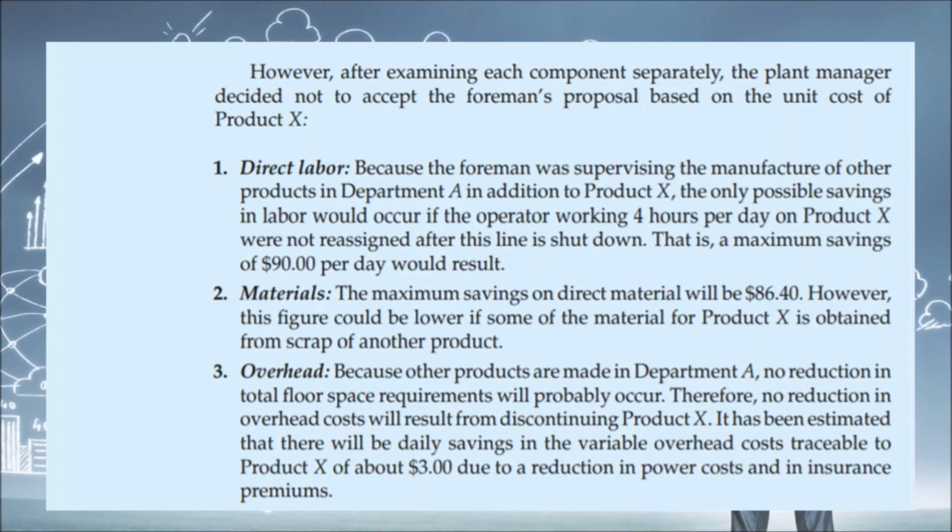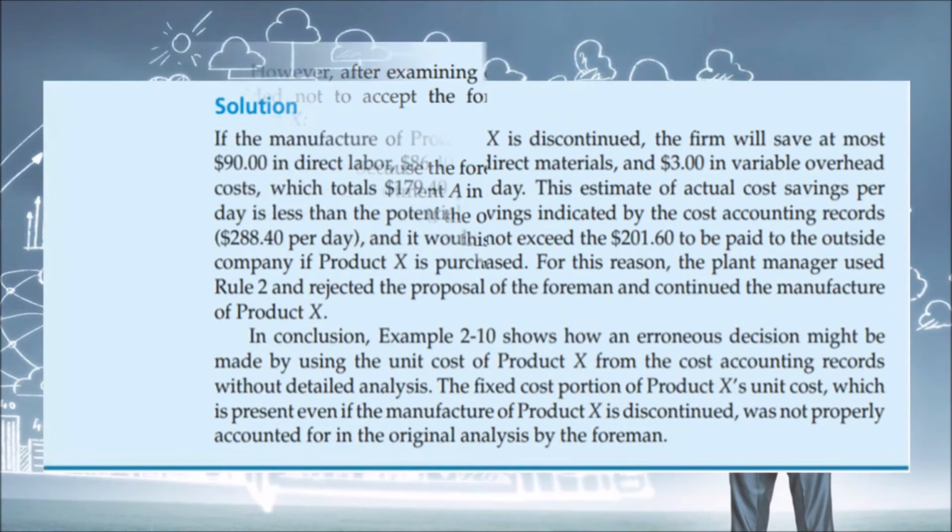Therefore, no reduction in overhead cost will result from discontinuing product X. It has been estimated that there will be daily savings in the variable overhead cost traceable to product X of about $3 due to a reduction in power cost and in insurance premiums.